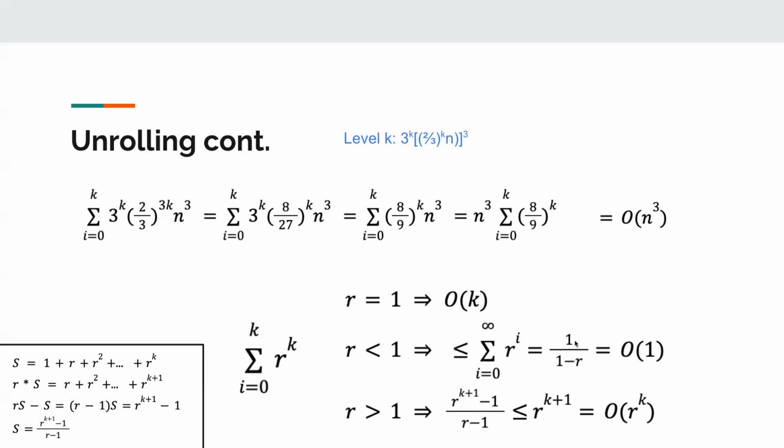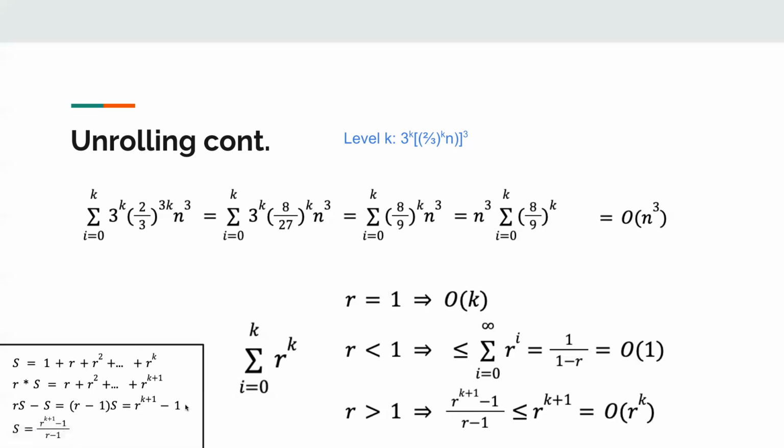I won't go into the derivation, but you can remember this. It is equal to 1/(1 minus r), which eventually gives you O(1). The last case is when r is greater than 1, and it follows this formula here. I know it's weird, how did you get this? But I put how you can get this in the left corner, so you can go through the math.